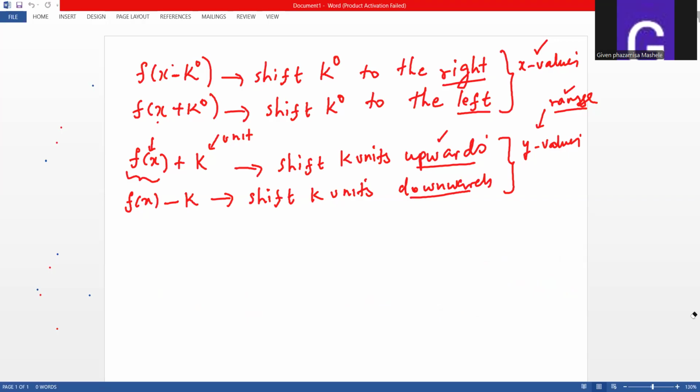So it's very important to understand the issue of translation. For example, let's say we are given a function and we want to describe the transformation.